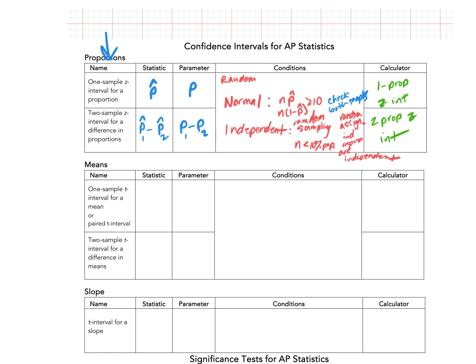Are we good so far? So, worth noting, anything that is a proportion is a z procedure. When it's means, we will do a t procedure.